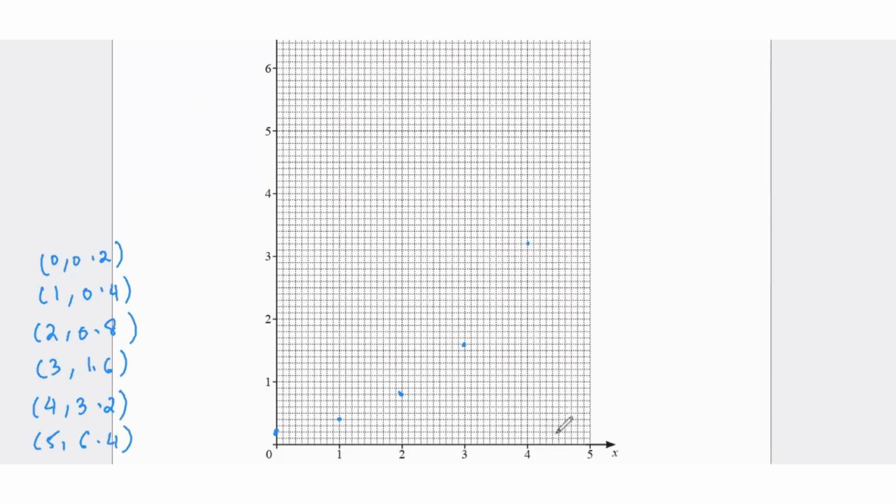And 5, 6.4. So now we just connect the points. That's our graph.